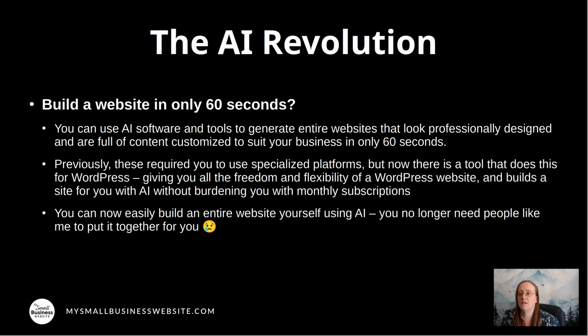But in essence, the AI revolution is going to change the whole entire industry, and not only can you have a website built with AI, you can have it hosted anywhere. So this particular tool that I'm going to show you can not only build a website for you, their free version does it entirely free, and you can export it, and I will show you how to do that, and put it wherever you want.